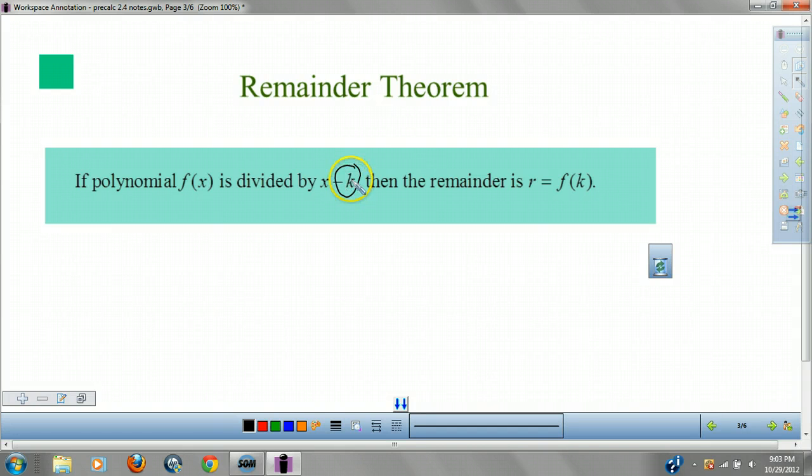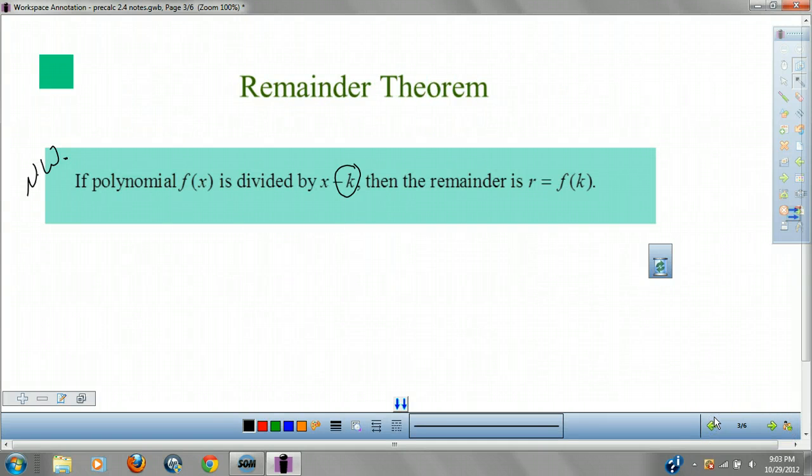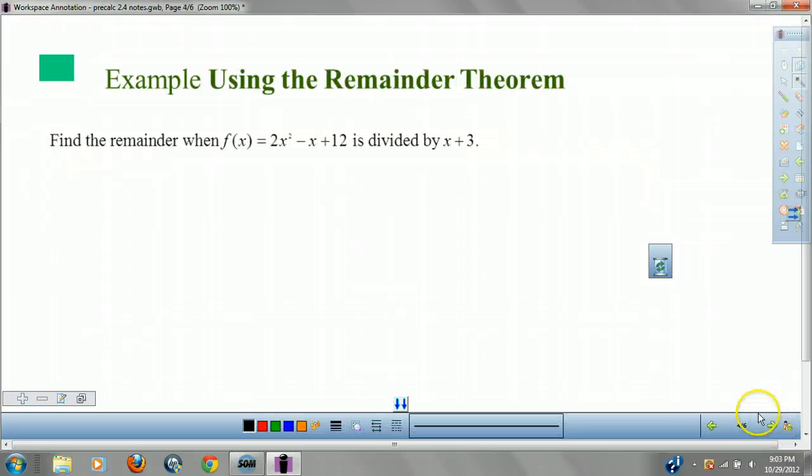Okay? Go ahead and write this down. We'll see if it works. Well, you can pause the video. Okay. Find the remainder when this is divided by x plus 3.